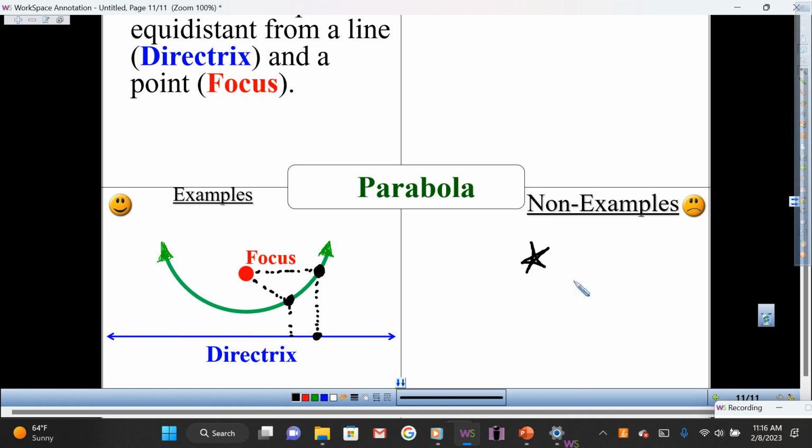A heart. Another non-example, Isabella. Triangle. And one more, Anaya. A square.